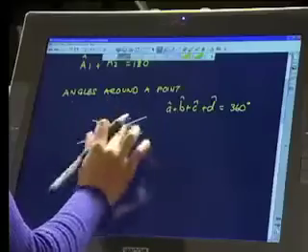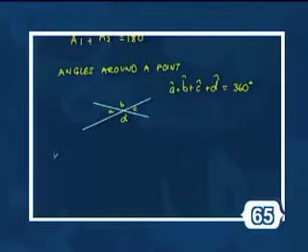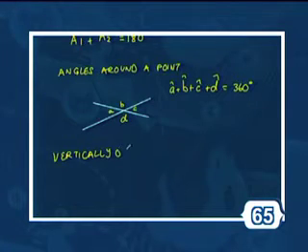Another important concept that you get when you have two lines intersecting is the concept of vertically opposite angles. So using the same diagram, we can revise this. Vertically opposite angles are equal.